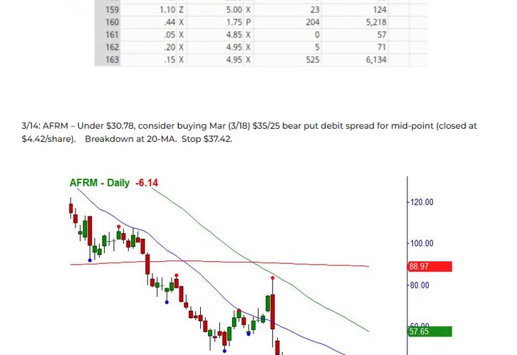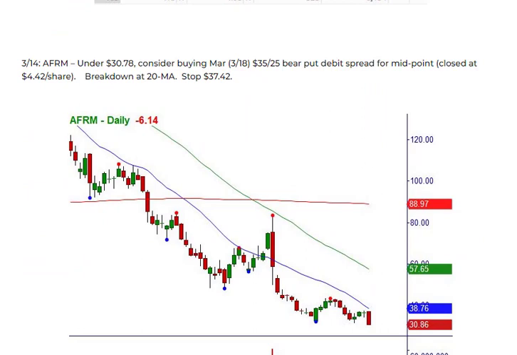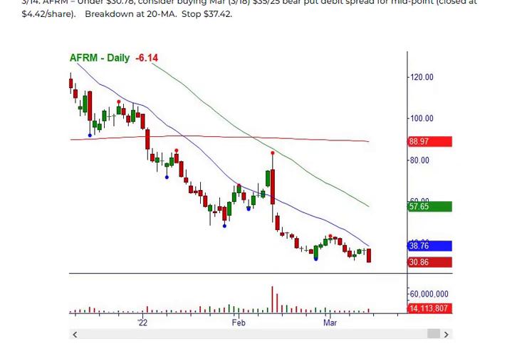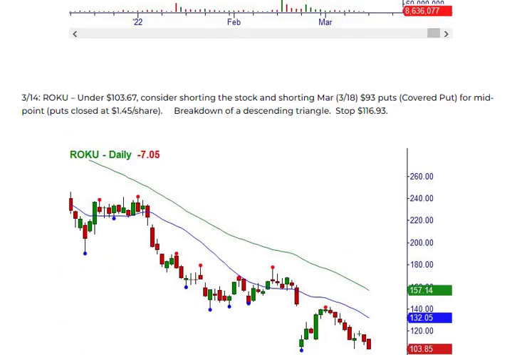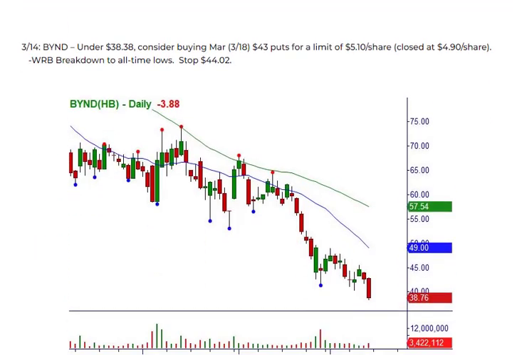Here, I'll just quickly show you a couple others here. There's so many bearish patterns out there that we're going to have an overload. This is what we call a bear put debit spread. It's a directional trade. AFRM, closing breakdown, we're giving that as a directional option. Short, SPCE, same. Roku, same.